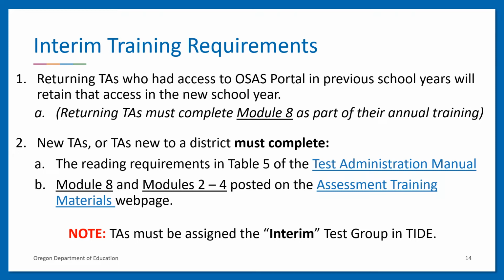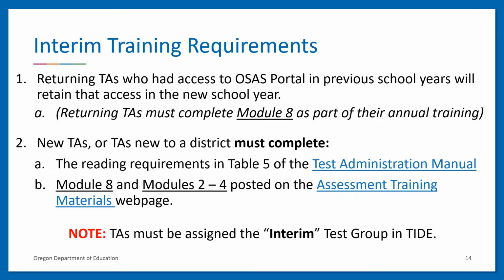If the educator has completed the prior year's TA requirements, they will only need to provide evidence that they have completed this Module 8 around interim assessment administration and test security.